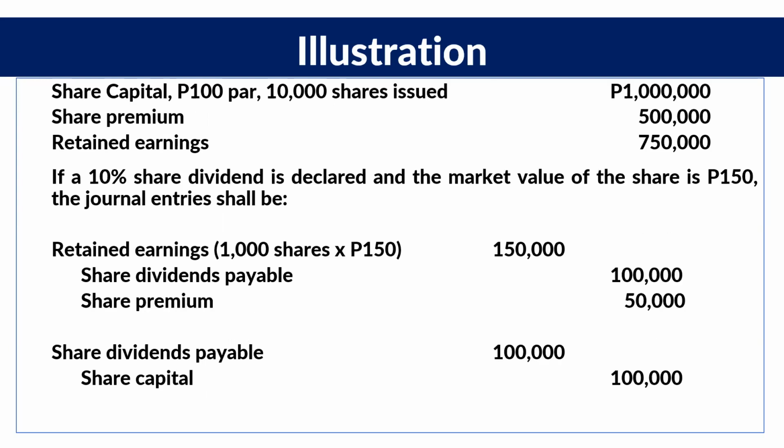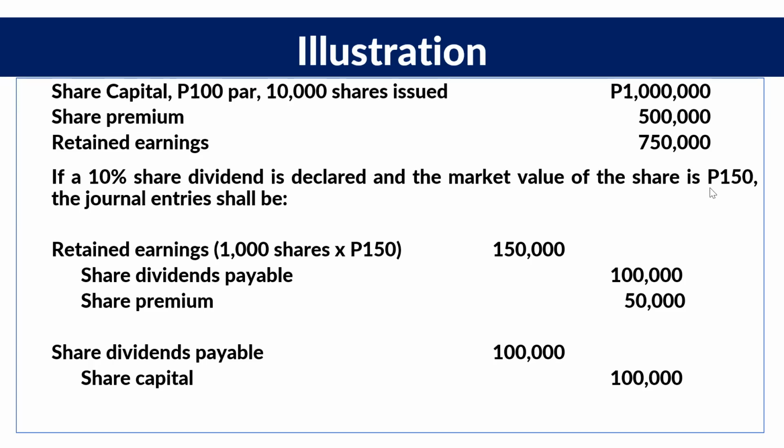So we have the same 10,000 shares issued and outstanding. Share premium is 500, retained earnings is 750. So this time they only declared 10%, and we're given the market value of the share at 150.